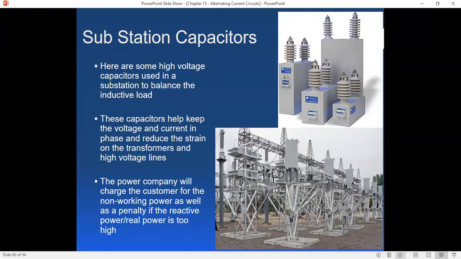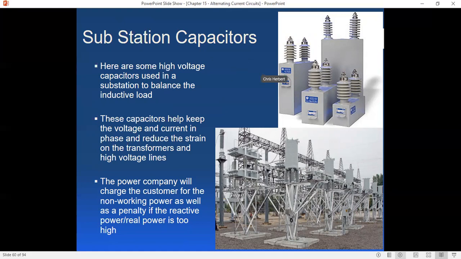And there's a real reason for this. It's not just the power companies being greedy. They have a limited number of capacitors and substations to make up for some of this power load. So what they're trying to do here is, you are creating a large amount of inductive reactance on the system, and we have to balance that with capacitive reactance.